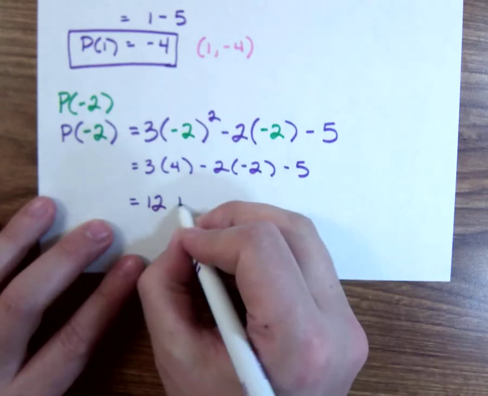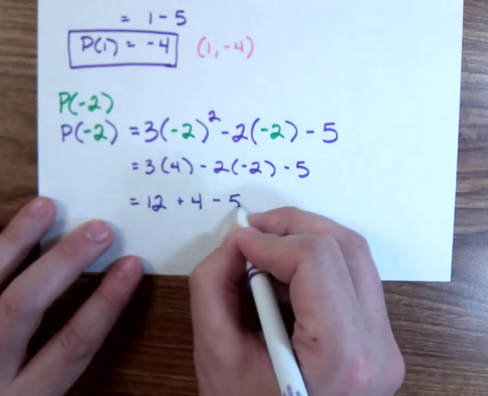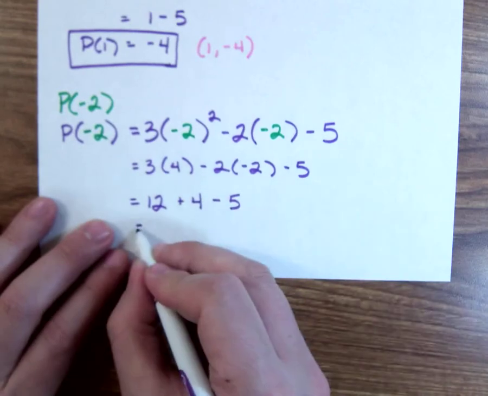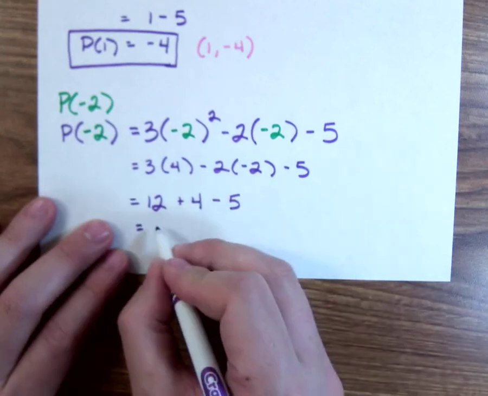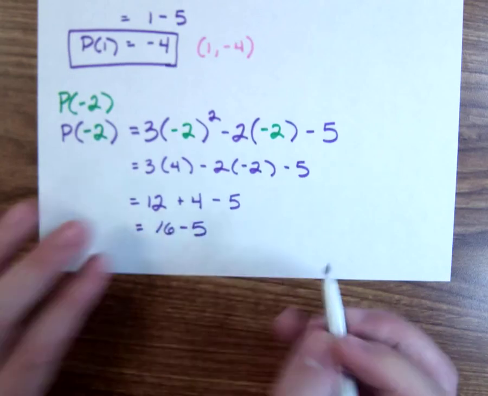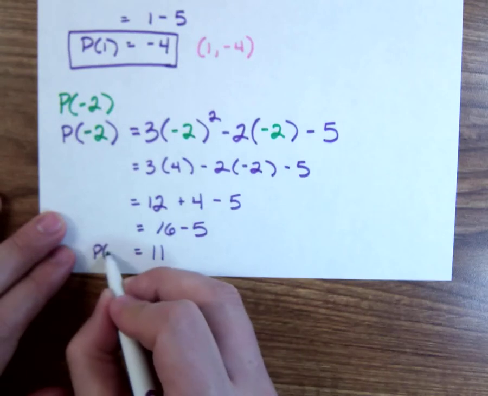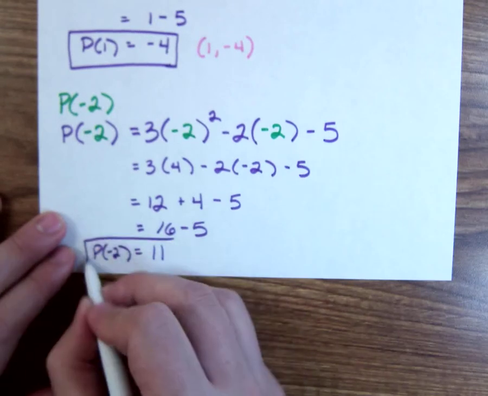Good. So plus 4, minus times a negative is positive. Minus 5. 12 plus 4 is 16. And 16 minus 5 is 11. So p of negative 2 equals 11 is the answer.